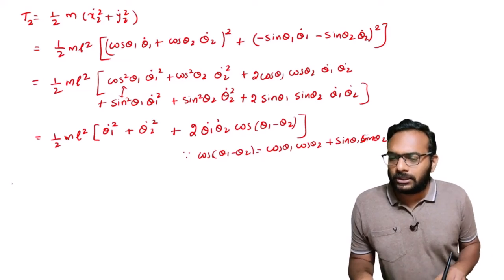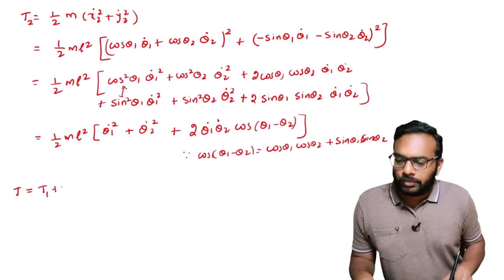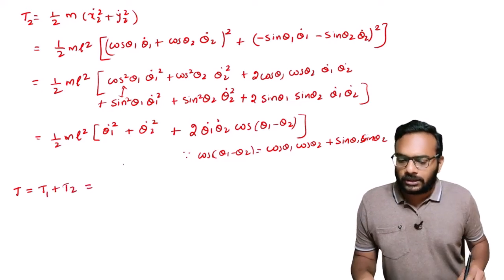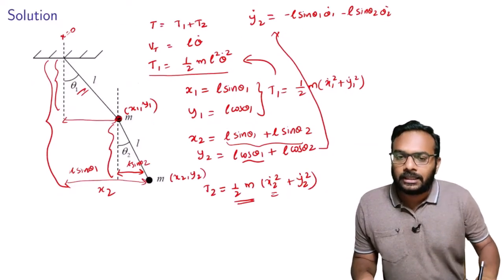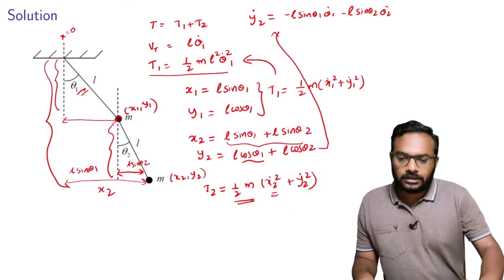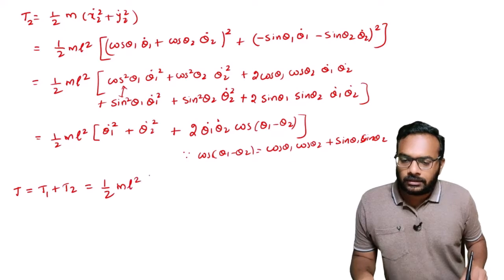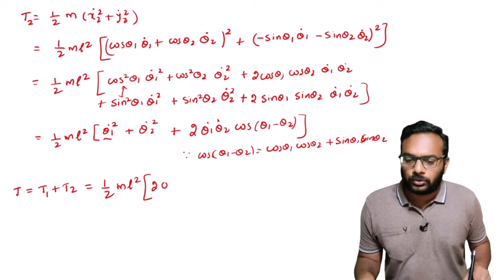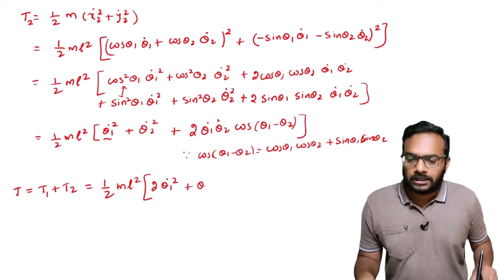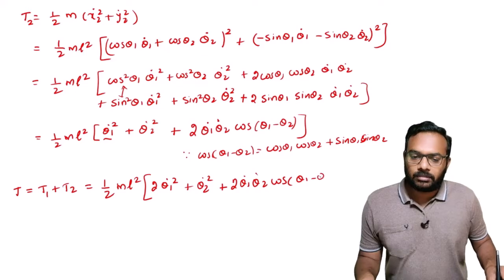Okay, so this is T2, and we need to find T, the total kinetic energy, that's equal to T1 plus T2. T1 we can take from here, it's half ml square theta 1 dot square. So that's equal to half ml square, and there's a theta 1 dot square, we can combine it with this theta 1 dot square, so it becomes 2 theta 1 dot square plus theta 2 dot square plus 2 theta 1 dot theta 2 dot cos of theta 1 minus theta 2.